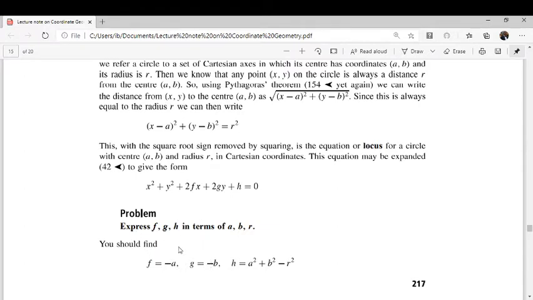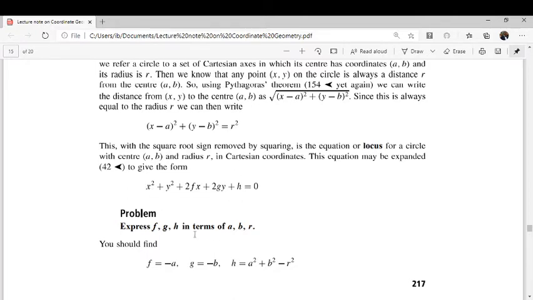This general equation is expressed in terms of this. If you go back to this note, take time to expand this as an assignment. When you expand this, you will have something like this.